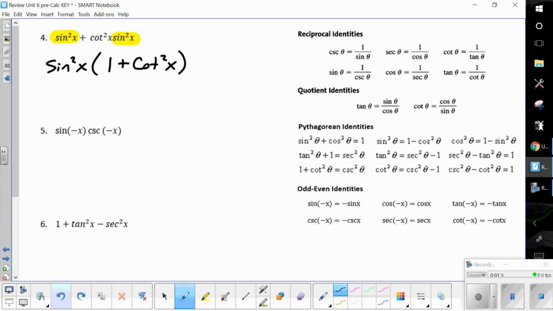Okay, the next thing. Usually, when I notice one of the trig expressions has a squared with it, this Pythagorean identities table is used often. Now, don't be confused by how it looks like kind of a jumbled mess, but basically each row is the same equation. So, for example, all 3 of these equations are exactly the same.